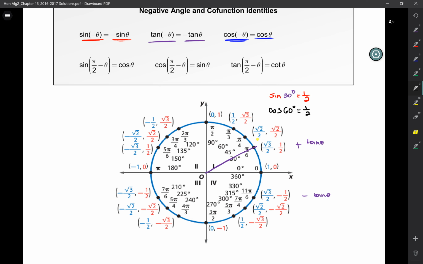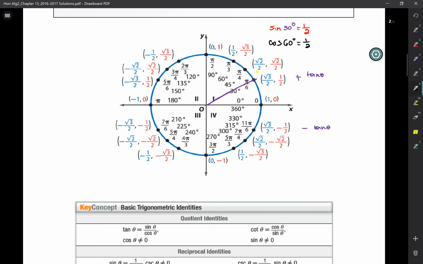This is an identity. So look, if you have 30 degrees, and the sine of 30 degrees is 1/2, right? So if you do 90 minus that, the cosine of that angle would be 1/2. So let's do another one.